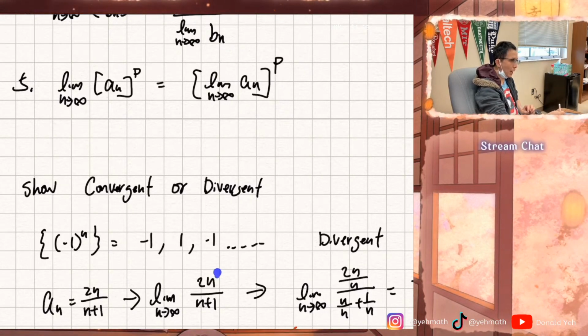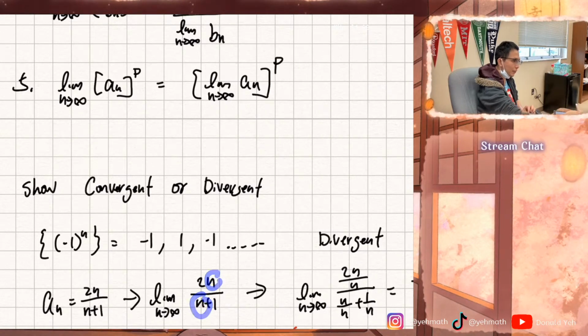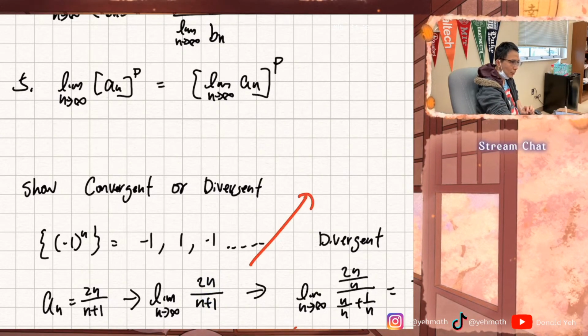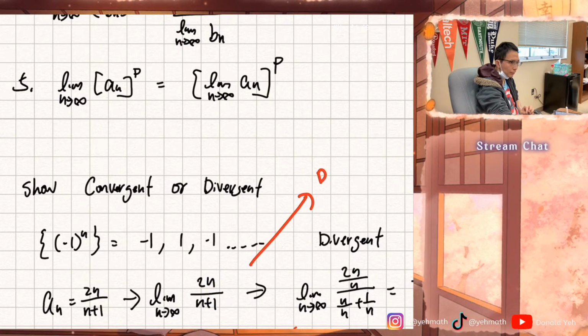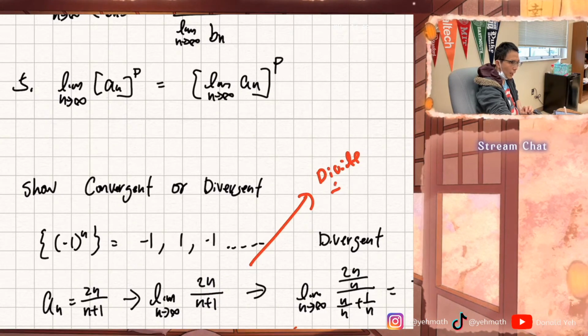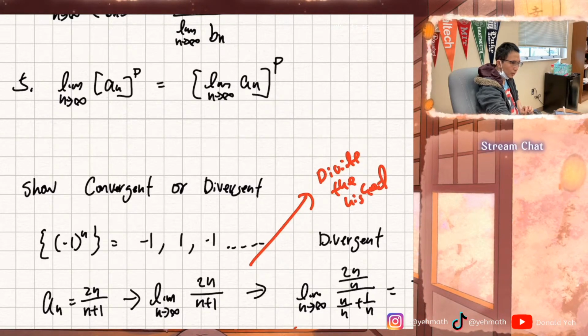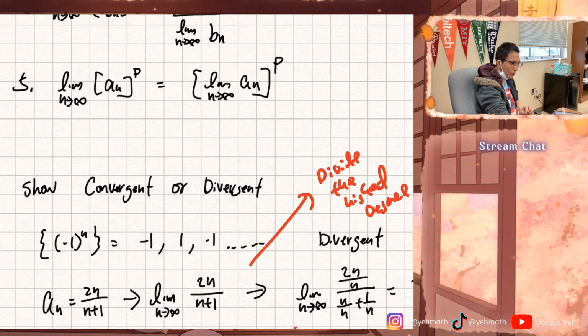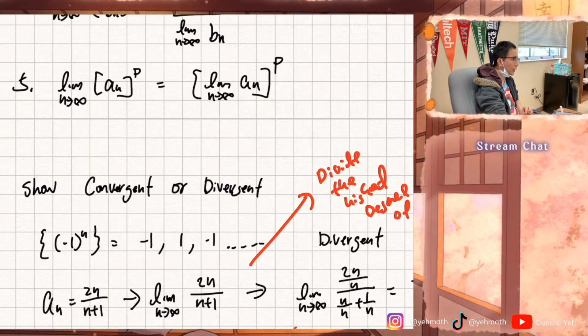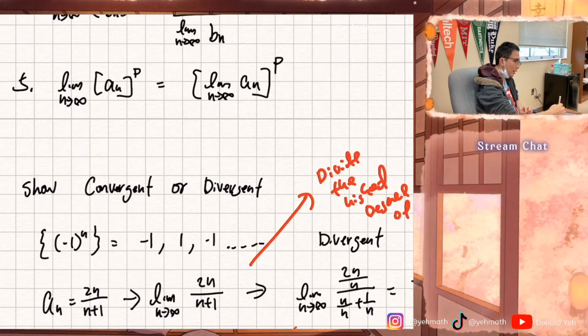Remember, you divide by the highest power of the denominator. You divide by the highest degree of the denominator. This one you're going to use all the time. This is super important.